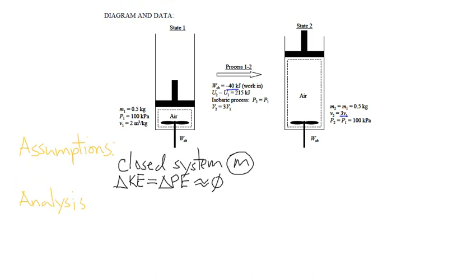So the equation we're going to use is the one we've derived previously for conservation of energy for a closed system. It's equation 3.10. It's also on your reference data card. So we're just going to write it out here.